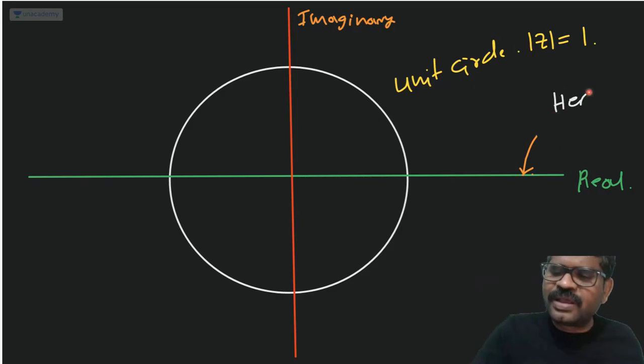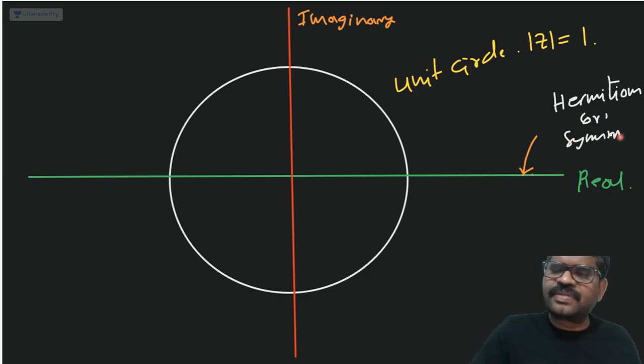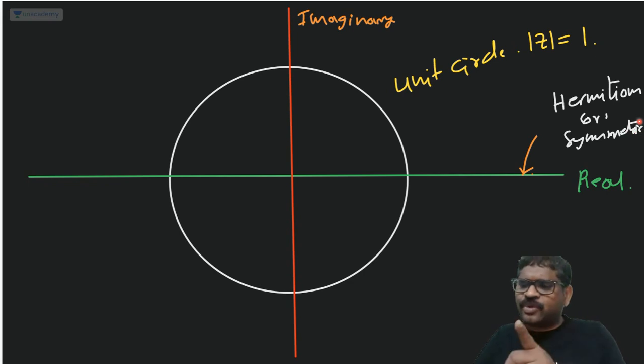Please remember, eigenvalues of symmetric and Hermitian are always real. So, if your matrix is Hermitian or symmetric, those eigenvalues always lie on the real line. Real line. Okay.